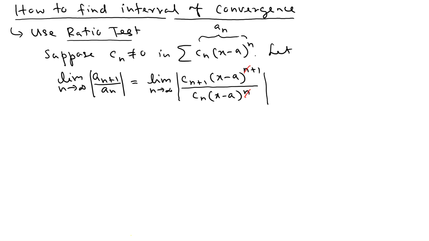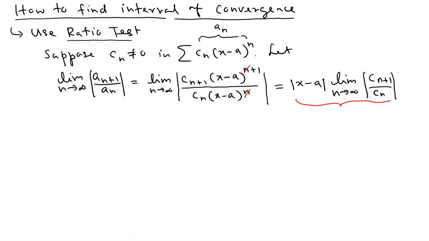The n terms get cancelled, so you only get one of them, and you can pull that out. You get the absolute value of x minus a, and then the limit as n goes to infinity of the absolute value of Cn plus 1 over Cn. Whatever you get, the whole thing, we're going to call L.